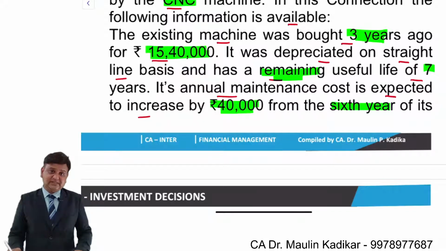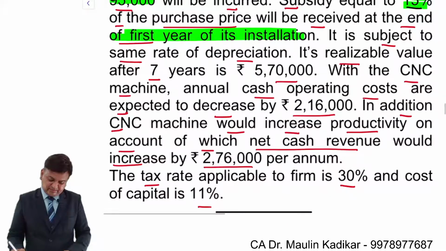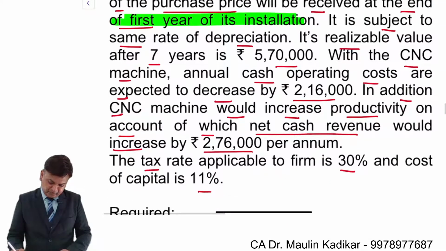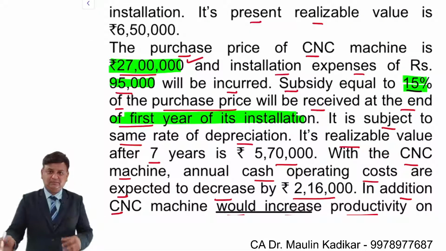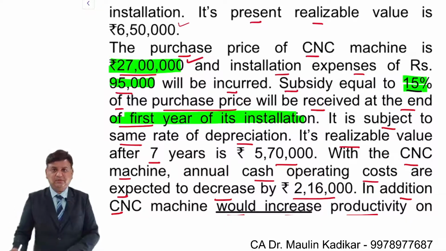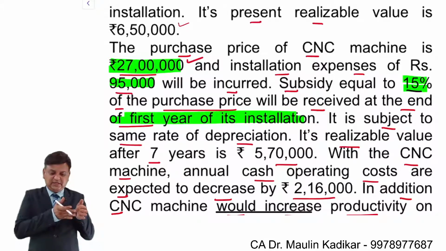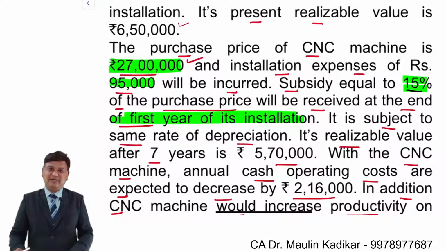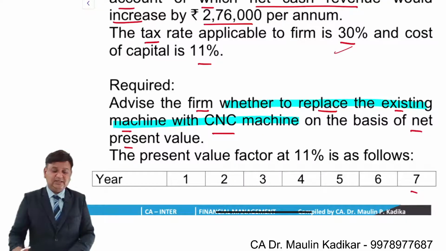So WDV of existing machinery would be 10,78,000. And that machinery can be sold for an amount of 6,50,000. So WDV is 10,78,000, it is sold for 6,50,000. So there is a capital loss of 4,28,000. So 4,28,000 into 0.3, there is a tax saving of 1,28,400.